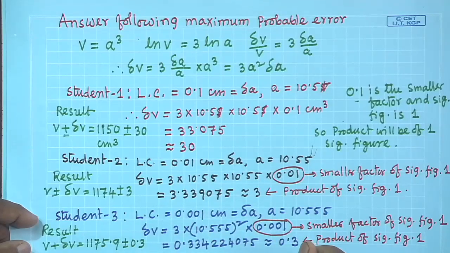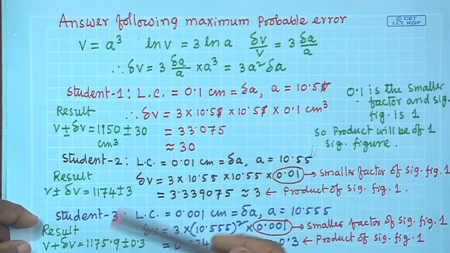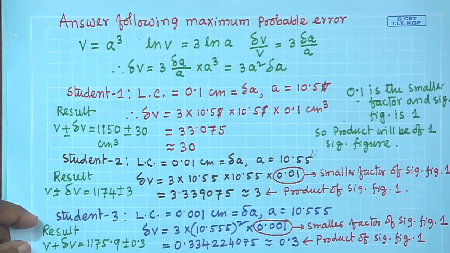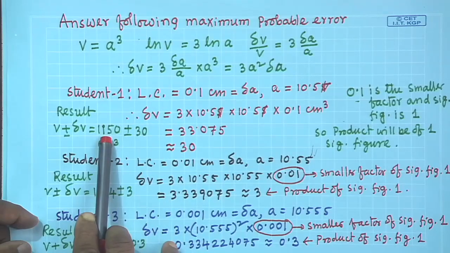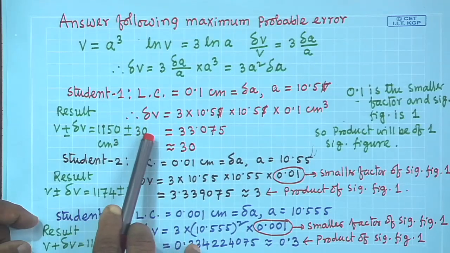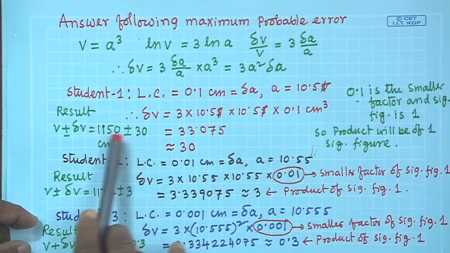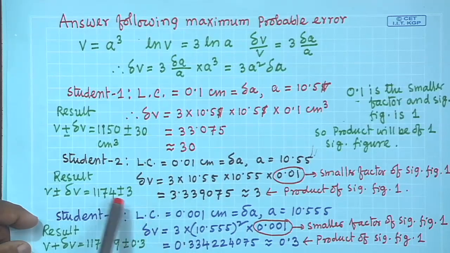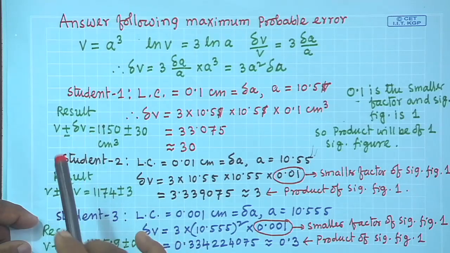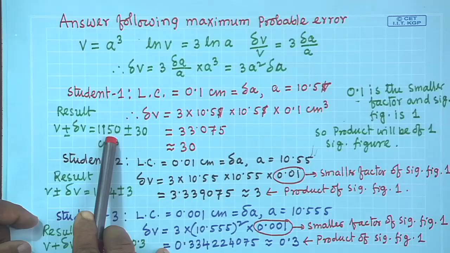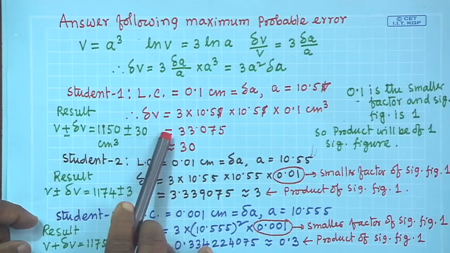Now, whatever rule I told you, from this result you can conclude that the error and the result have to be of the same order, the order of the last significant figure. Whatever the order of the last significant figure of the result, the error will be of the same order.